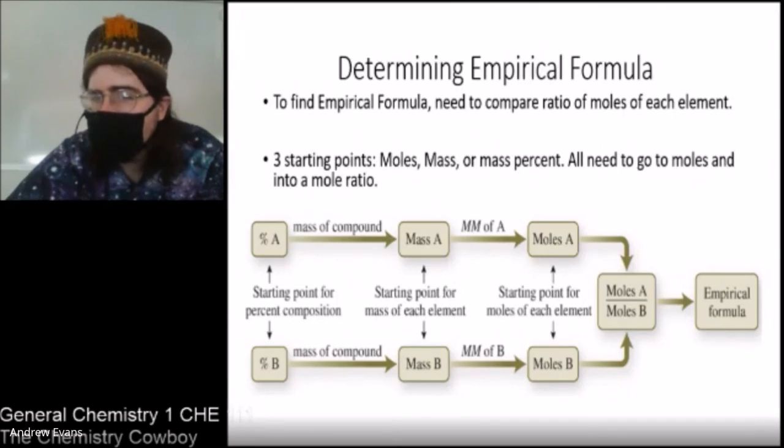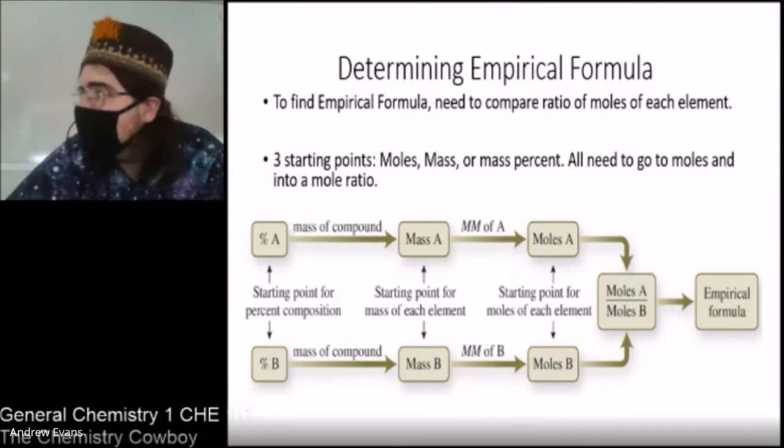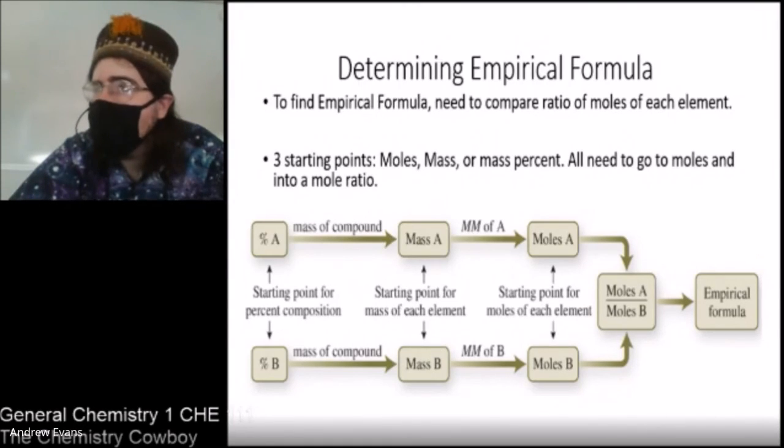We will be looking at this in lab while we try to oxidize magnesium. We're going to burn magnesium in air, and we're going to find how much oxygen binds to how much magnesium. If you know the name magnesium oxide, you should be able to predict what it is.